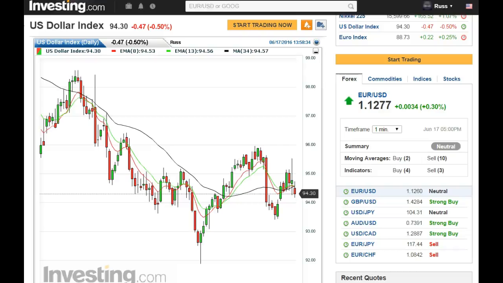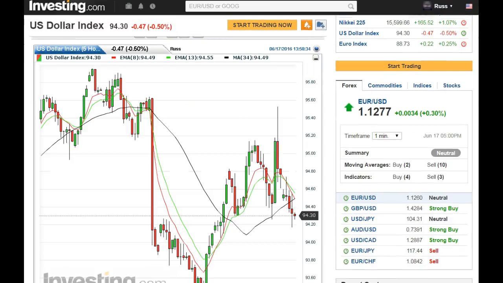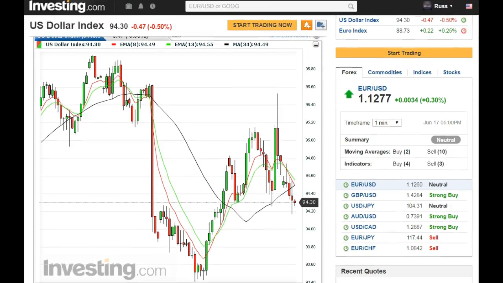I'm going to start off with the dollar. Looks like we had a little crash. I thought it was going to bounce on our 34 on a 5-hour, but it certainly went through.